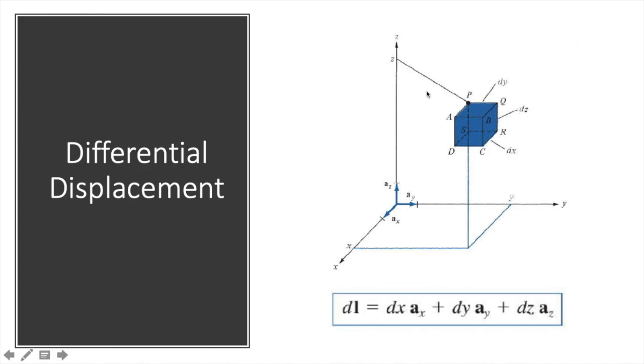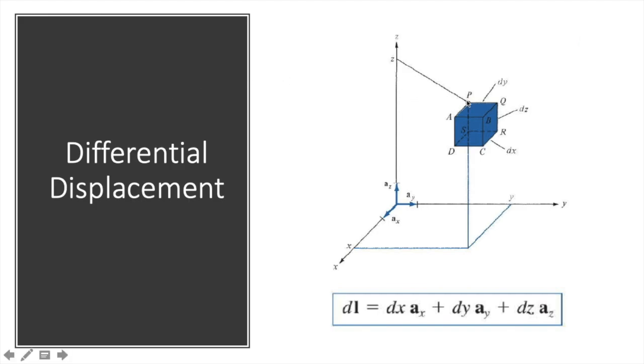So basically this is the xyz axis and this cube is located somewhere in space, and the dimension of the cube is dx, dy, dz. We have assumed it to be like this so that when we move from one point to another, we can find the real displacement in terms of the differential displacements that we have assumed here.